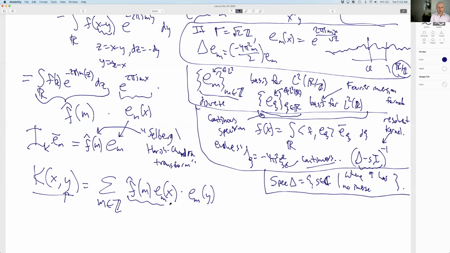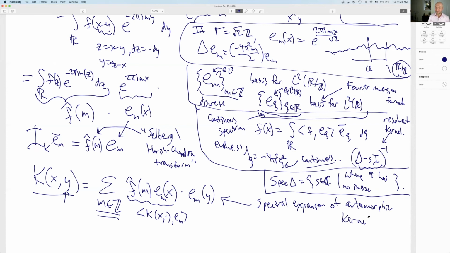Okay, this was the inner product of k_x dot with e_m. So we integrated out the y variable. This is a function of x. What function of x is it? It's e_m of x times the Fourier transform. Okay, does this make sense? So now this is the spectral expansion of the automorphic kernel. Spectral expansion, because we're summing over the spectrum, parametrized by m, spectral expansion of our automorphic kernel, big K.